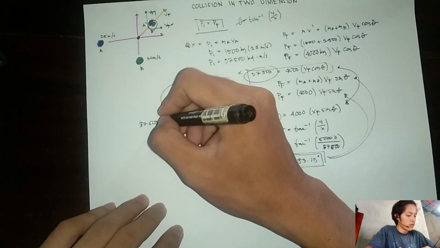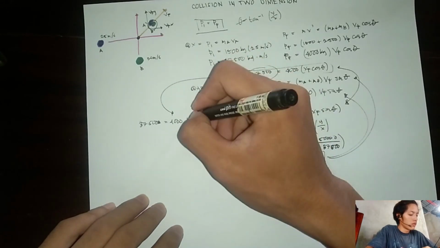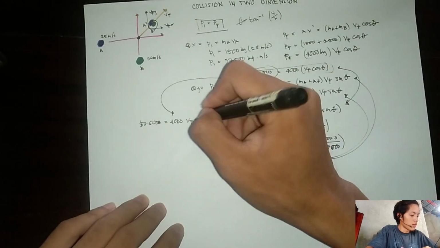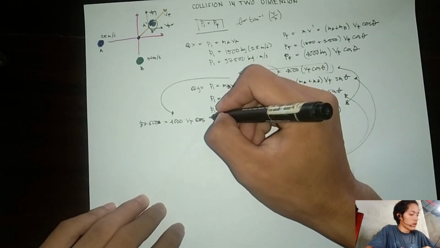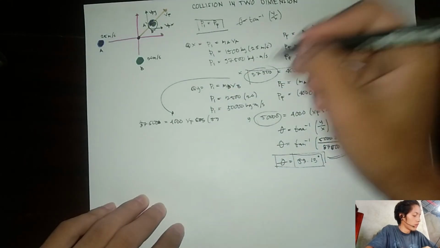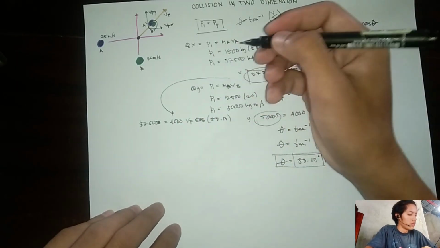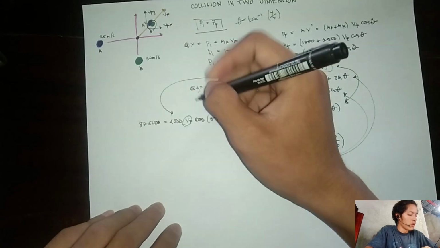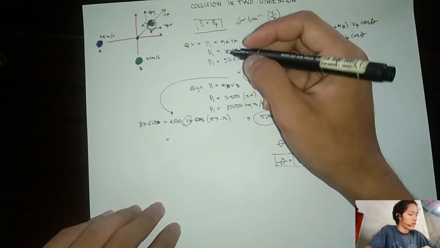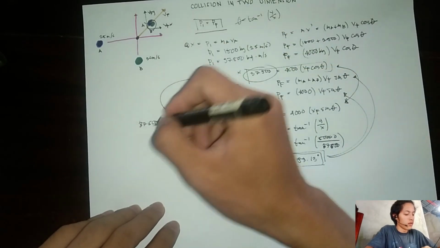37,500 is equal to 4,000 velocity final cosine theta, where theta is equal to 53.13. So, hinahanap natin yung velocity final. Divide natin sila by 4,000 cosine theta.